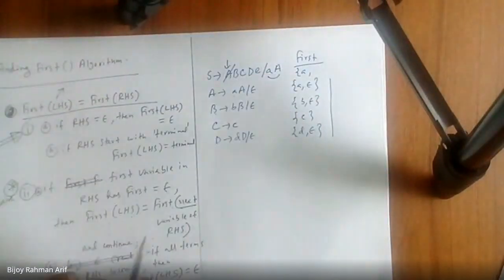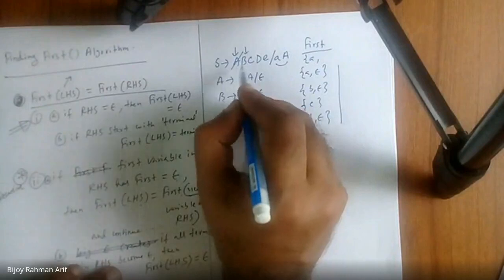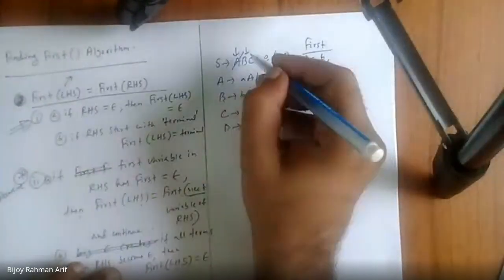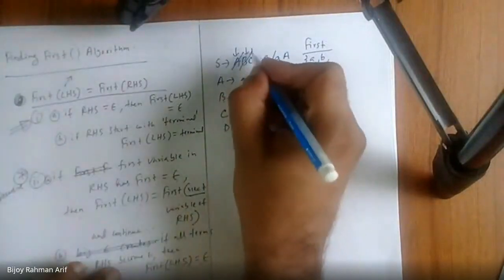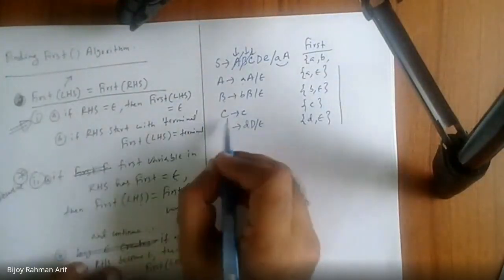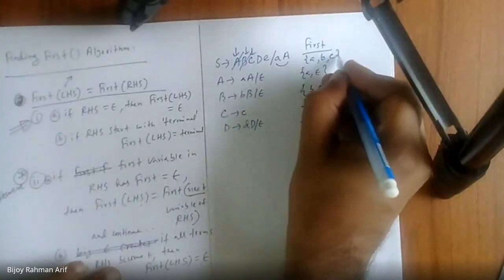So B is exposed. So we have to go to first of the next variable in RHS and continue. So what is first of B? First of B is nothing but B or epsilon. So write B. If you put epsilon, this one is cross out. So C, capital C, is popped out. Now what is first of C? Small c. So C, and we are done.